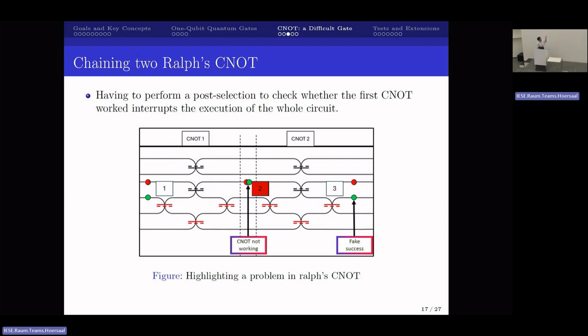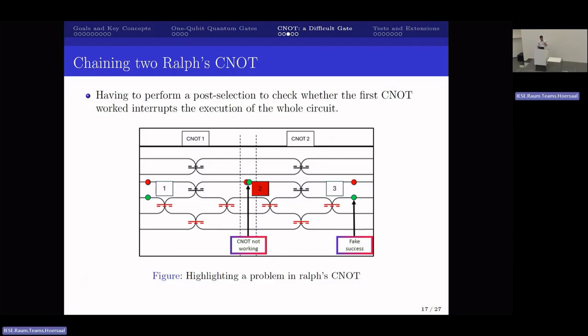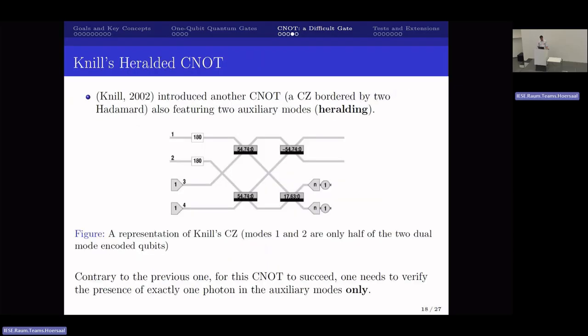If you start with your CNOT, you can have the photons of the 2 qubits meet in a spatial mode in between, and you have no way to check because you can't measure your circuit in the middle of its computation. So that's one problem of this CNOT. And even if you measure at the end, maybe the photons will have gotten split. So you really have no way to check on this CNOT. But this CNOT has a good probability of success.